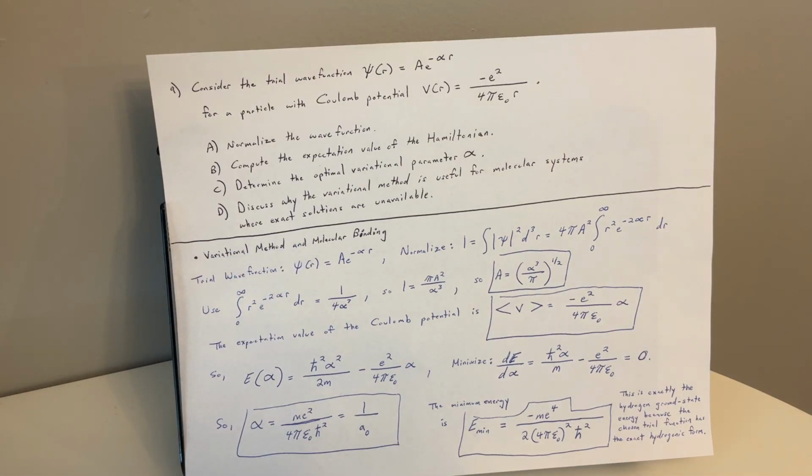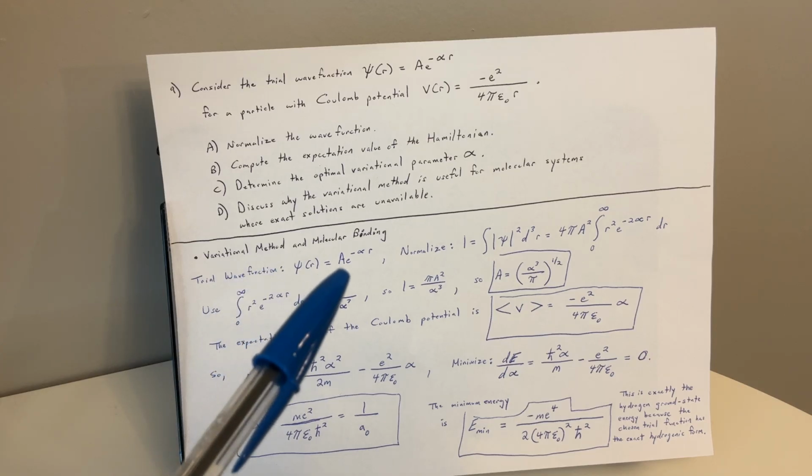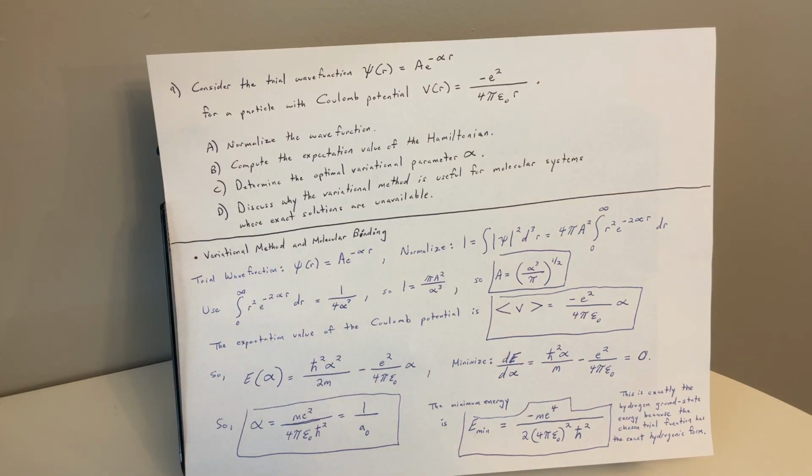Variational method of molecular binding. So trial wave function psi of r equals A e to the negative alpha r.